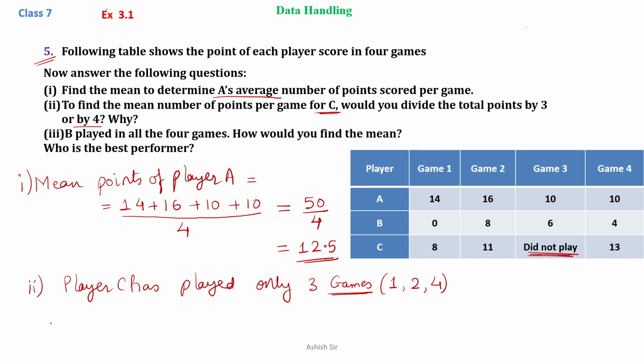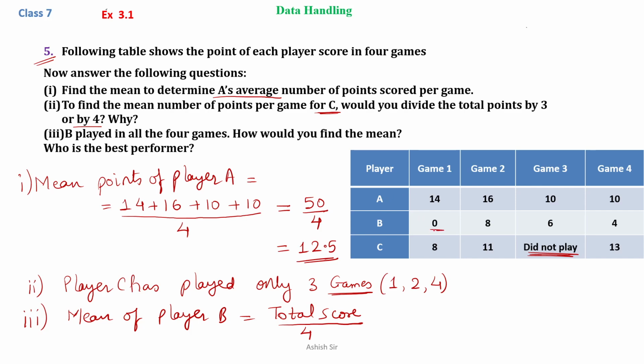Now part 3 is that B played in all 4 games. So how would you find the mean? For answer 3, to find the mean of player B, we have to divide the total score by 4 because he has played all 4 games.